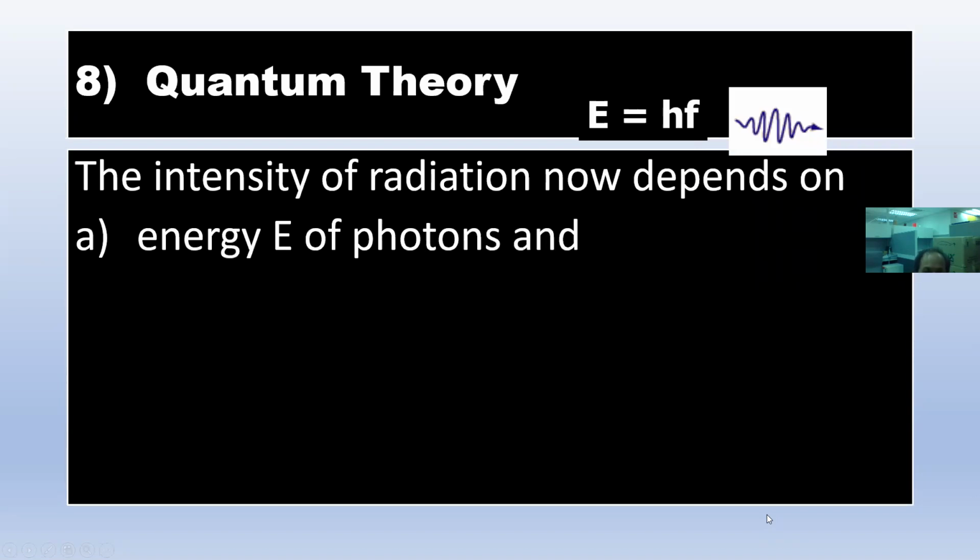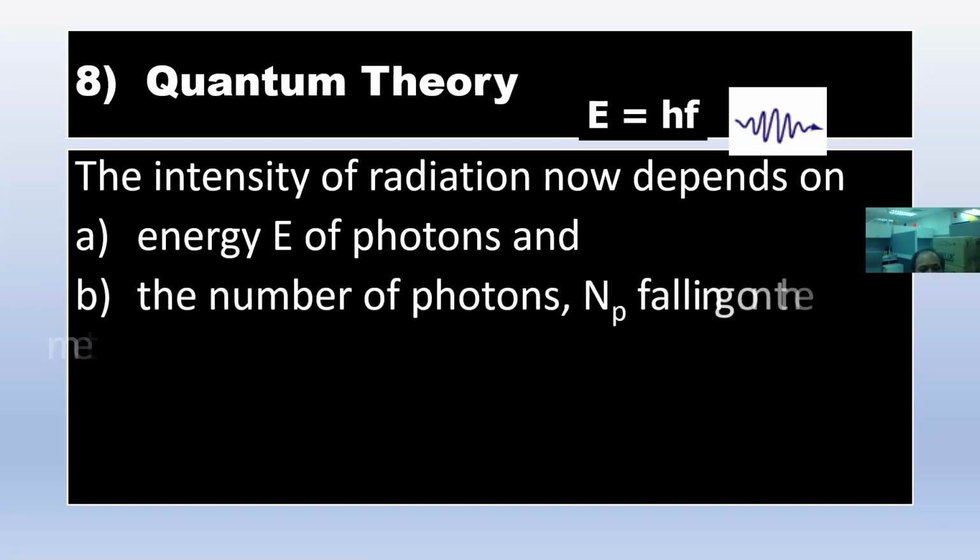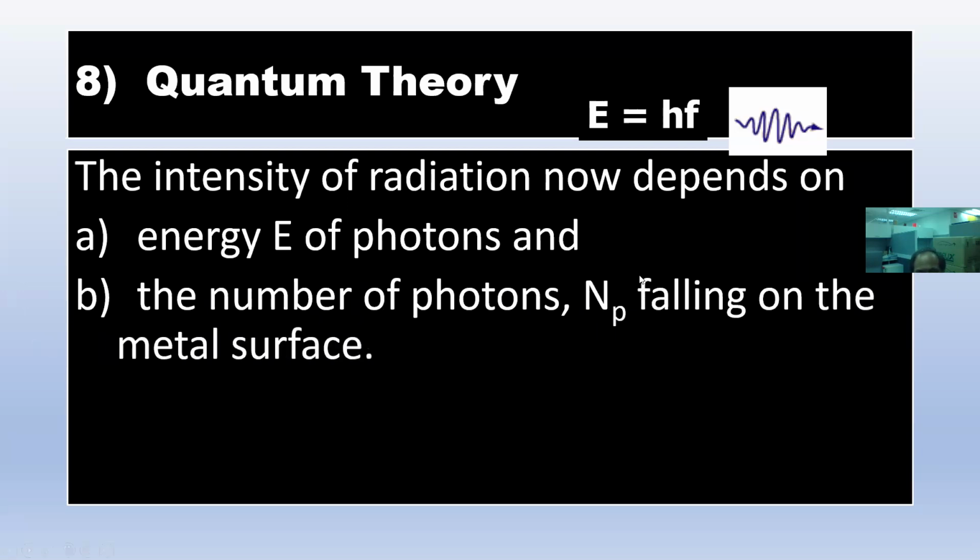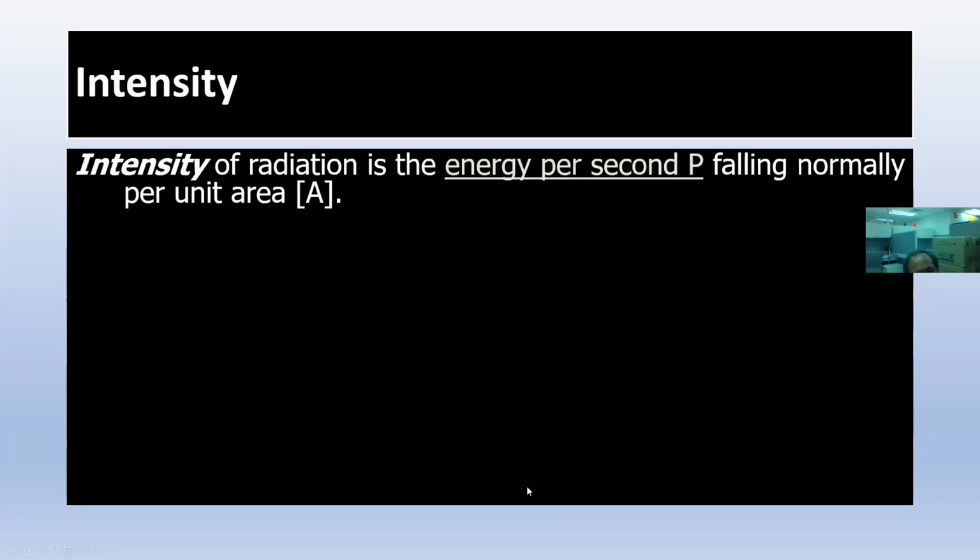Okay, so now the intensity depends on the energy of the photon. We have to modify our equation now. The number of photons, N_p, falling on the metal surface, not only the energy but the number of photons. We haven't changed that. Energy is still the same: energy per second falling normally per unit area.